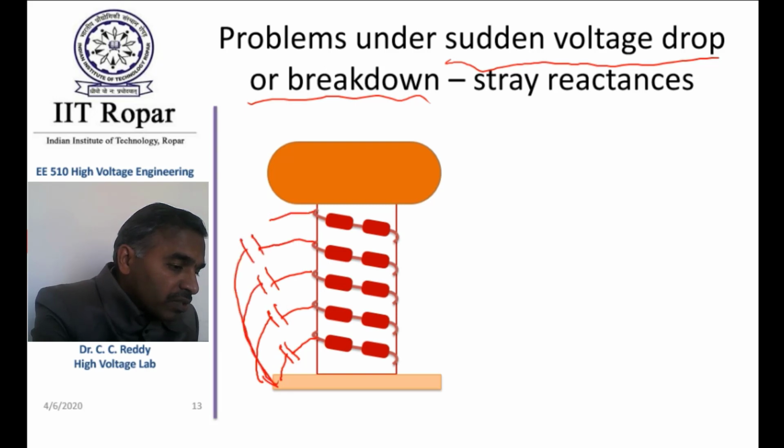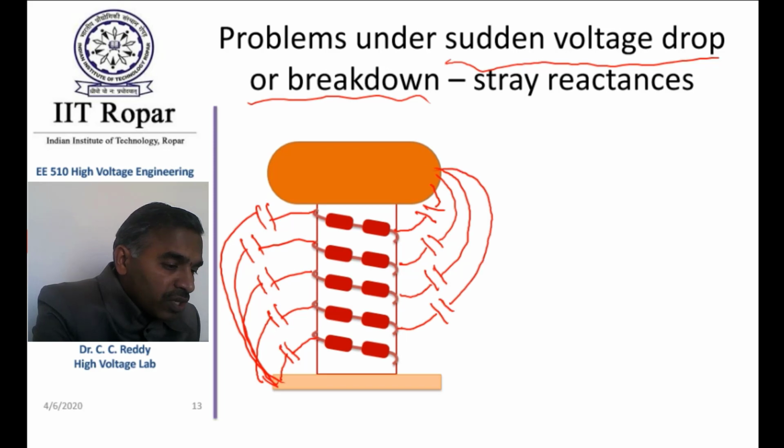These are stray capacitances. And then to high voltage also there may be stray capacitances like this. I'm trying at some points, but you have to imagine the entire surroundings.